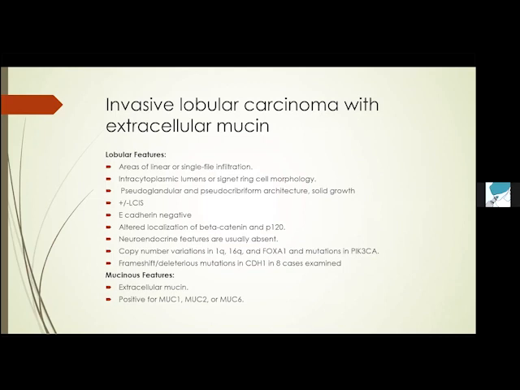E-cadherin is negative, and so is the altered localization of beta-catenin as well as P120, if these are available. Unlike mucinous carcinomas, neuroendocrine features are usually absent, and on a molecular level, there is copy number variation in 1q, 16q, and FOXA1, as well as mutations in PI3 kinase.